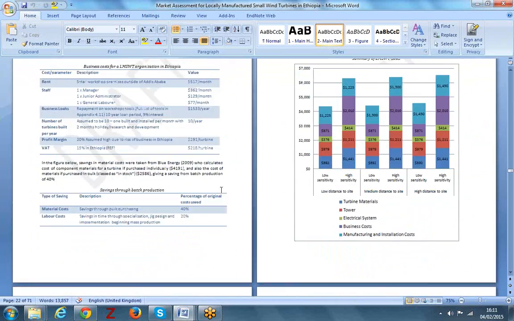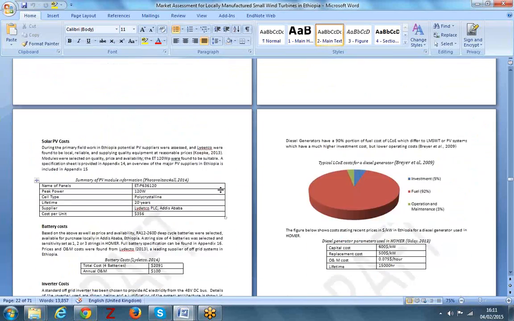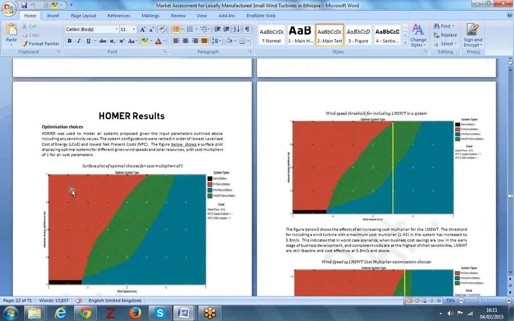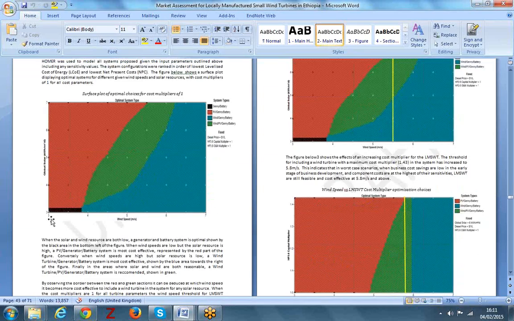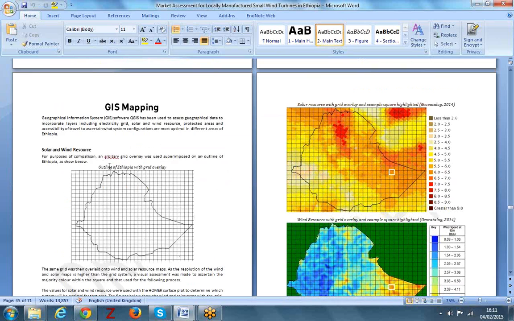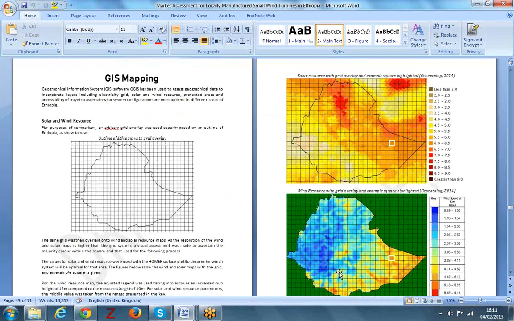It was a mixture of the two. Homer gives this chart here, which gives coordinates for wind speed and solar, and I just drew a grid and used these two maps, one solar and one wind.